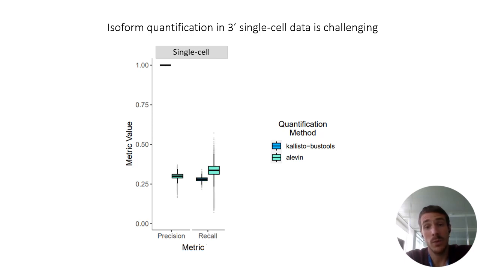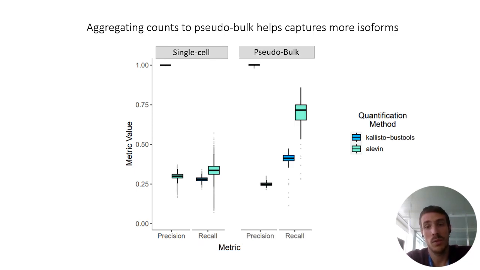And if we focus on the recall, which reflects the number of false negatives, we can see that in both cases there are a high number of isoforms present in the ground truth which are not detected by our methods. And if we perform pseudobulking, the aggregation of counts per sample and per cell type, we see how the number of false negatives is reduced.